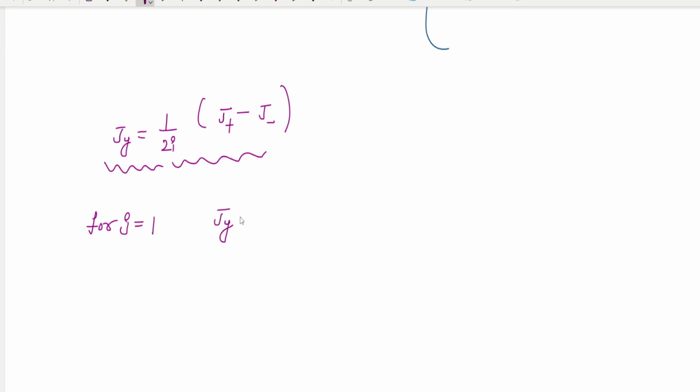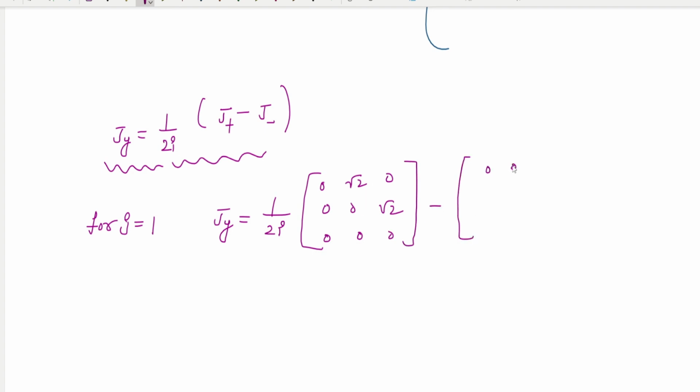So the formula for Jy is 1 divided by 2i into J plus, which is 0, root 2, 0; 0, 0, root 2; 0, 0, 0. We already know these things. Then minus the quite opposite thing here, 0, 0, 0; root 2, 0, 0; 0, root 2, 0.